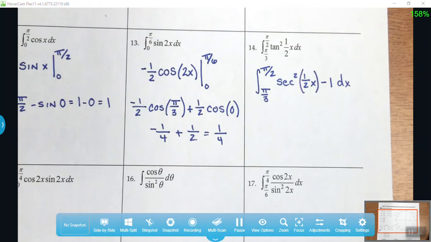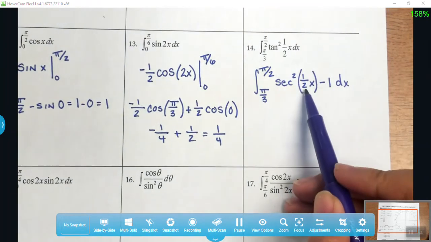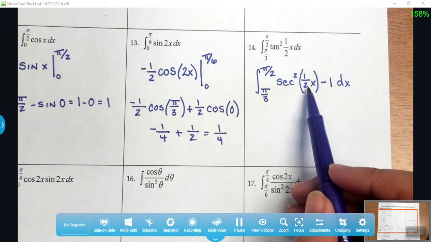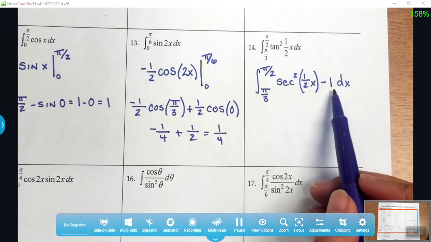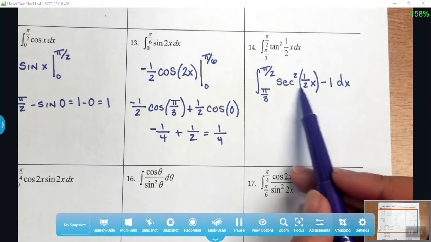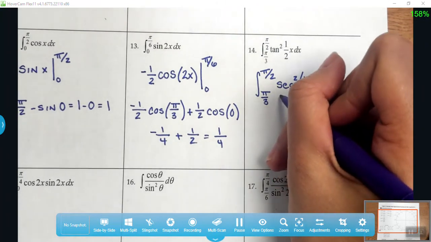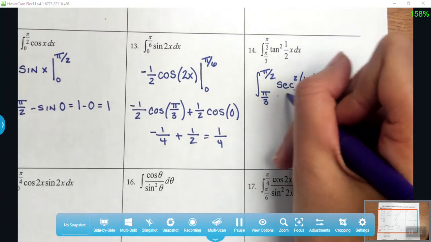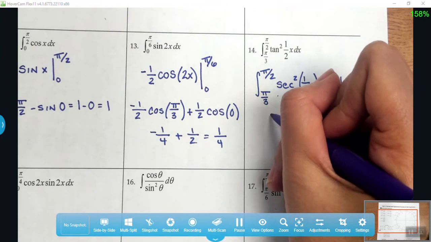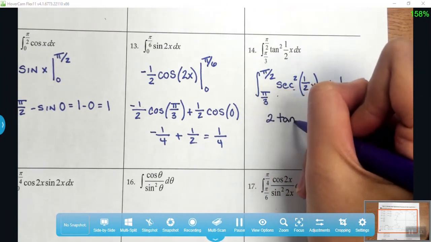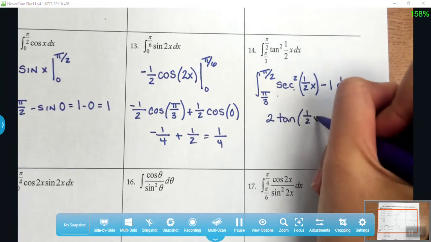All right, now if we were to integrate, remember this 2 does not apply to the 1. When you do the du and you divide, it doesn't apply to the 1 because you're not doing u sub with the 1, you're only doing it with the secant squared part. So what's the integral of just that part? 2 tangent 1/2 x.